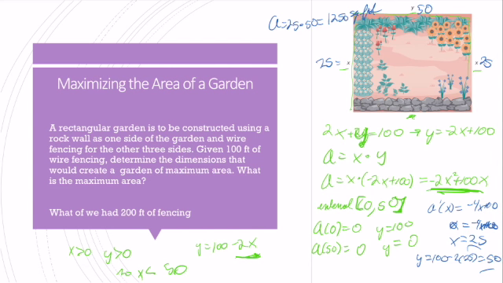Now, what if we have 200 feet of fencing? 200 feet of fencing changes things up a little bit, but not too much. So let's go ahead and open this up on a new page. If I have 200 feet of fencing, then how big could my garden grow? So I know that area equals x times y. I know that I have 2x plus y.